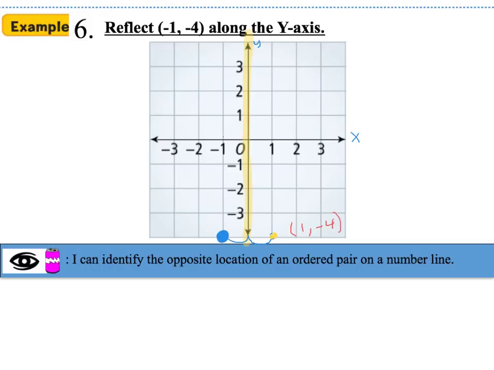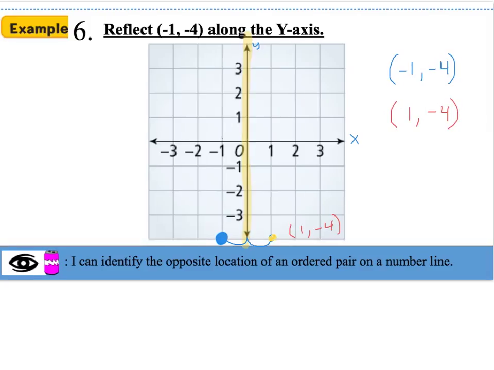So let's go ahead and analyze the information that we've discovered. Our original problem was the ordered pair -1, comma, -4. After doing the reflection, our new ordered pair was 1, comma, -4. If we look at our y-coordinates, after reflecting on the y-axis, notice that our y-coordinates are the same.